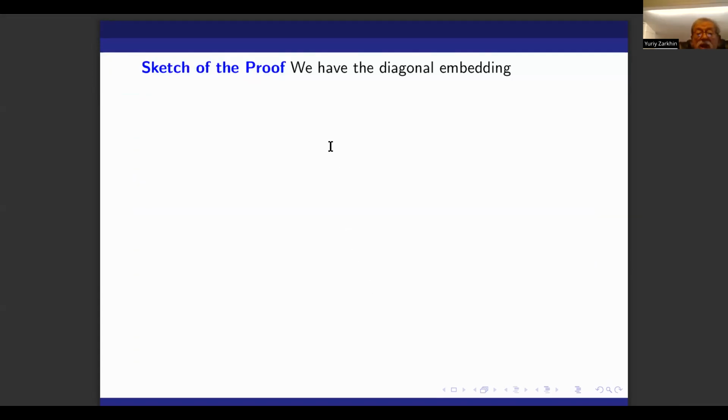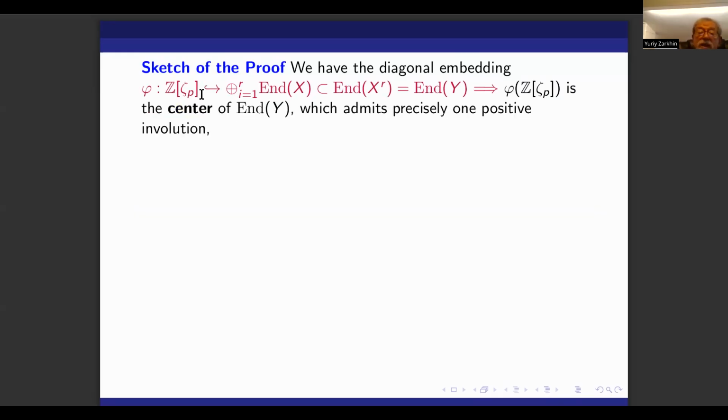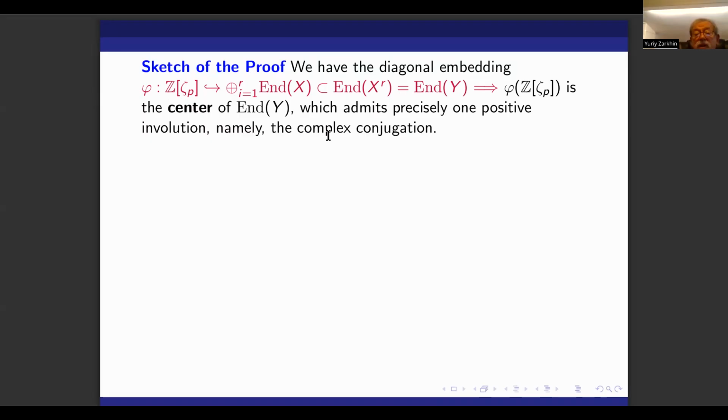And so here's a sketch of the proof. We have the diagonal embedding, Z[ζ_p] embeds into End of X, which sits at index r, which is our Y. Well, and this certainly does not coincide with the whole endomorphism ring of Y, but it still coincides with the center of the endomorphism ring of Y. And this center is just the p-cyclotomic ring, which admits precisely one positive involution, namely the complex conjugation.